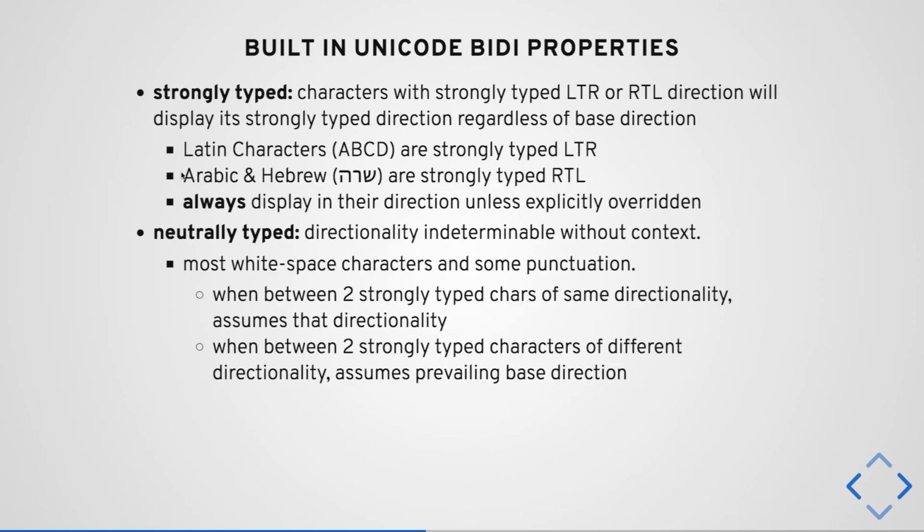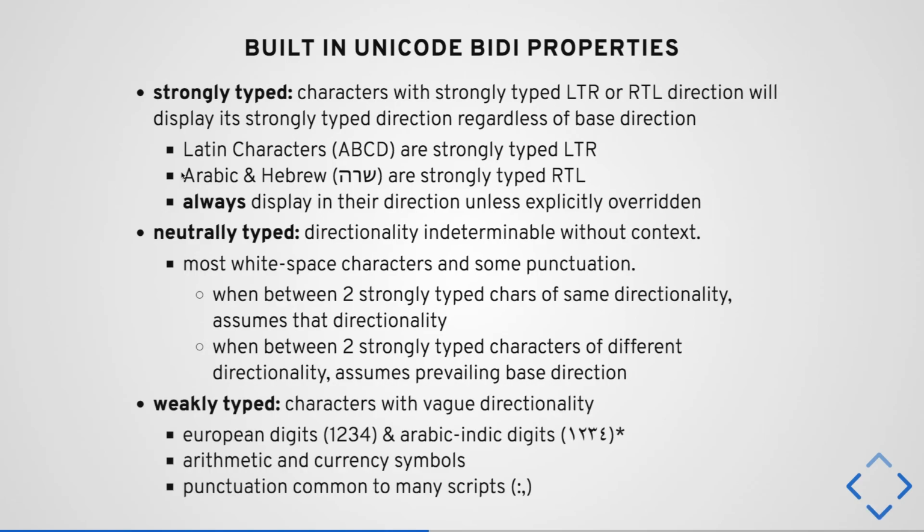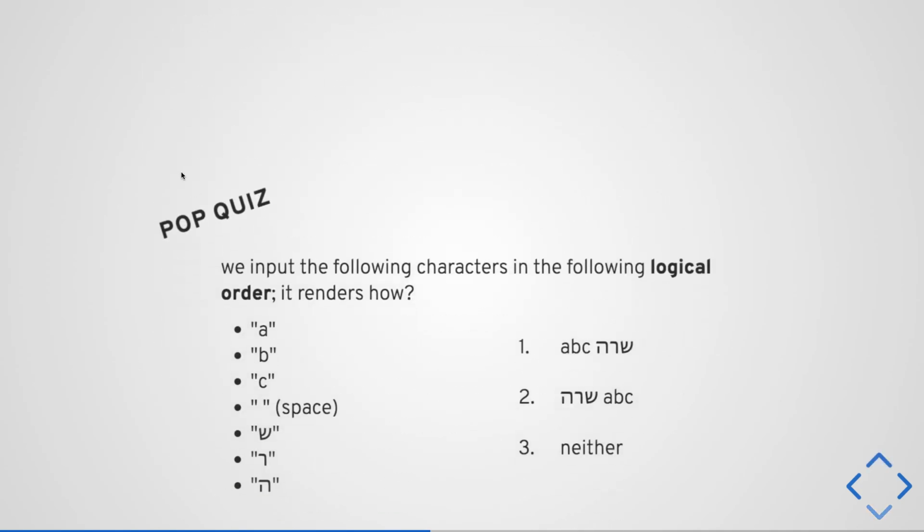But then what happens when you do strong, space, strong of the other direction, is it's going to assume the prevailing base direction, whatever it inherited in that particular case, from either hidden marks that you can use for this, or code like HTML tags, if that's what we're talking about. Does that make sense?